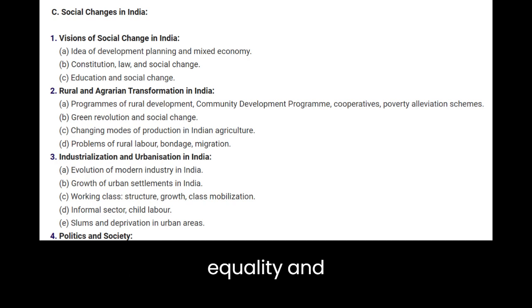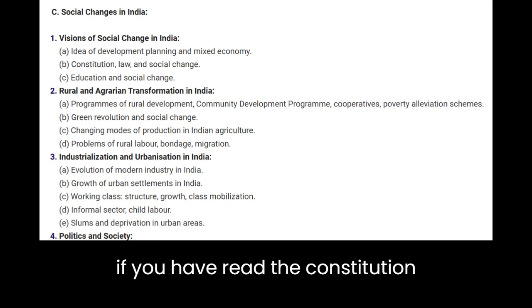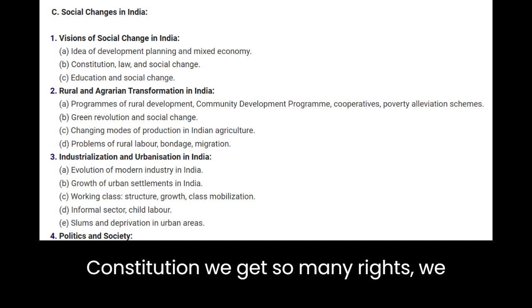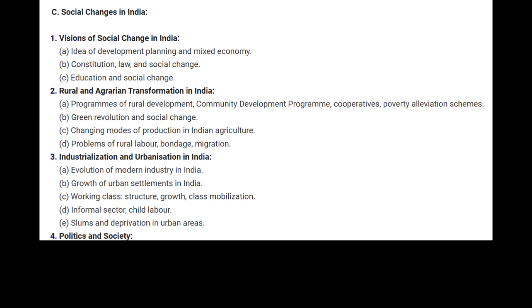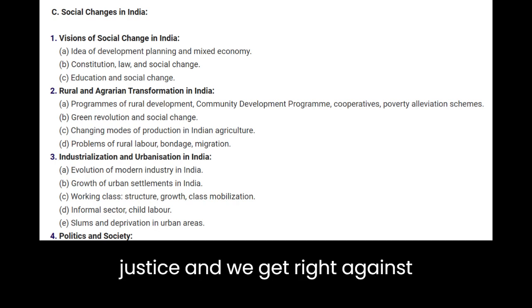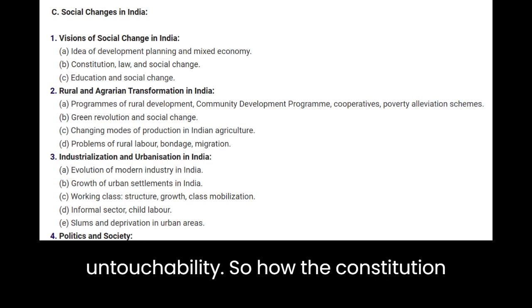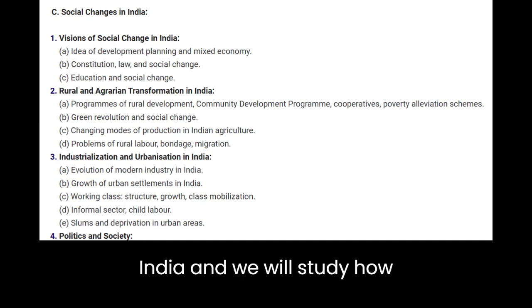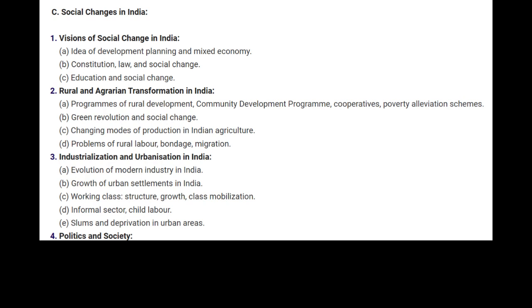You have seen equality, and if you have read the constitution in polity, you will know that from the constitution we get so many rights. We get the right to equality, the right to justice, and the right against untouchability. So how the constitution and law made social change in India, and we will study how education.